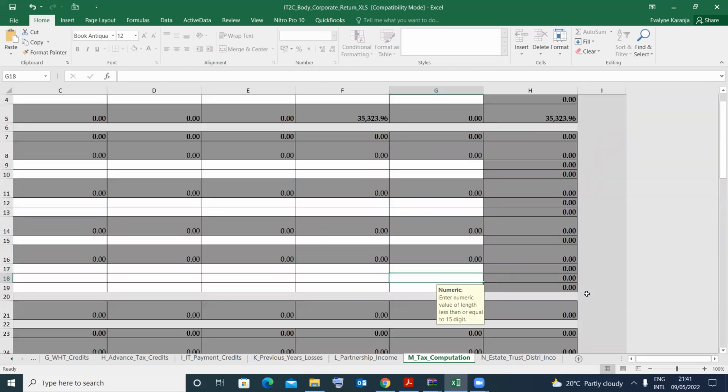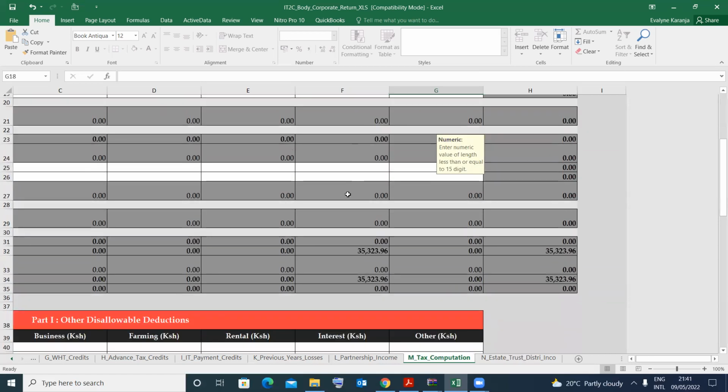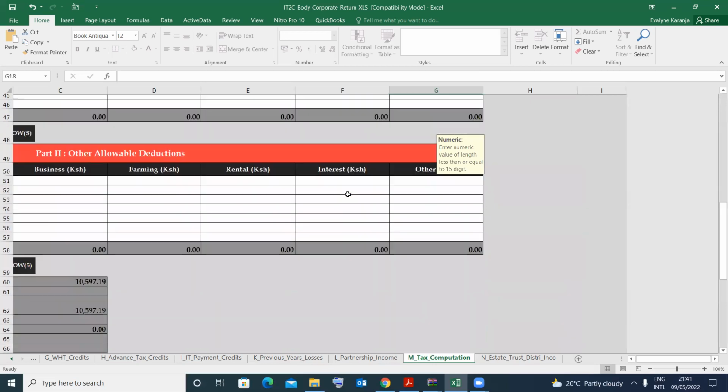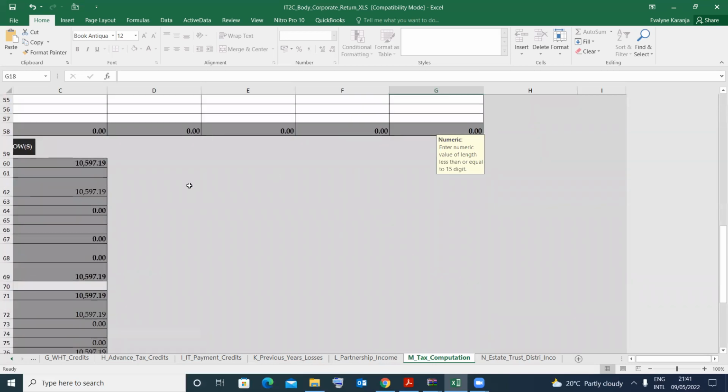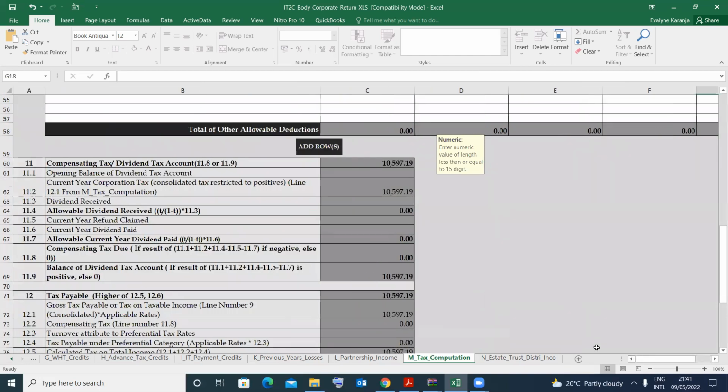Unarudi juu tena. Yeah, rudi side ingine. Nataka rudi on the left. Yeah, hivyo. So you can see the tax liabilities.